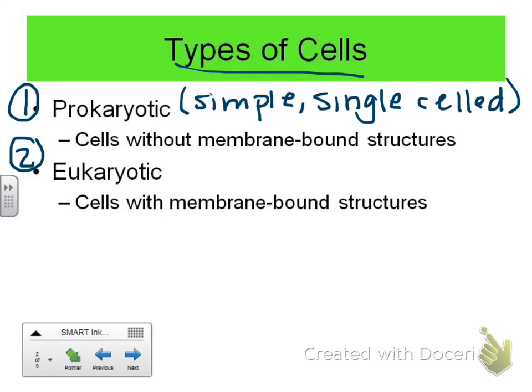Now, no matter what the cell, all cells have three main jobs, three main processes that they're going to carry out. Okay? And so as they're carrying those out, we're going to write those down. So go ahead and jot down cell jobs on your paper.